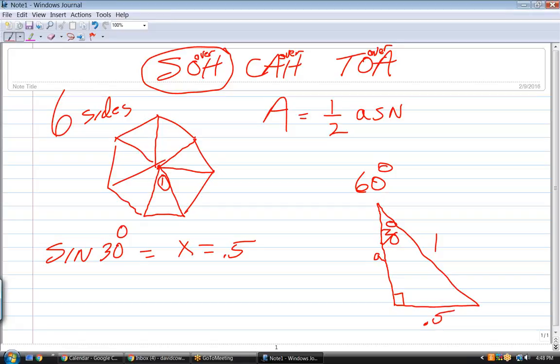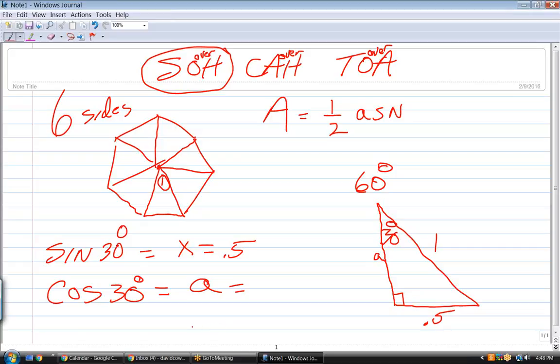Now let's do a. What's the complete expression in trig language to figure out a? Start with the trig. Cosine 30 equals what? Equals a over 1. Good. Which means a is equal to the cosine of 30.